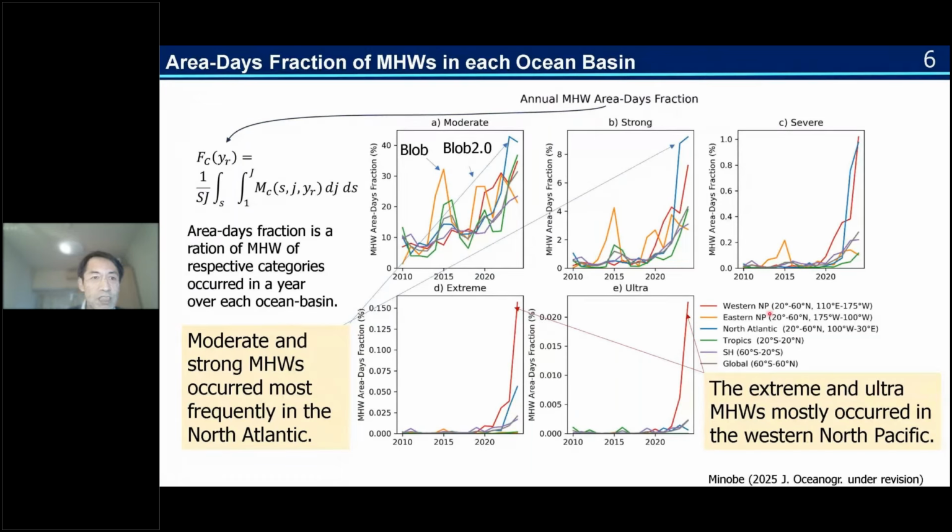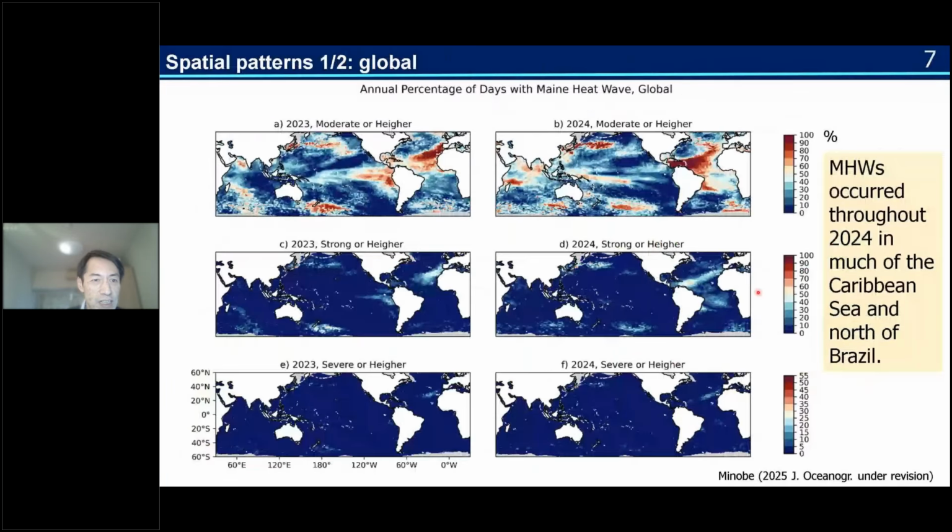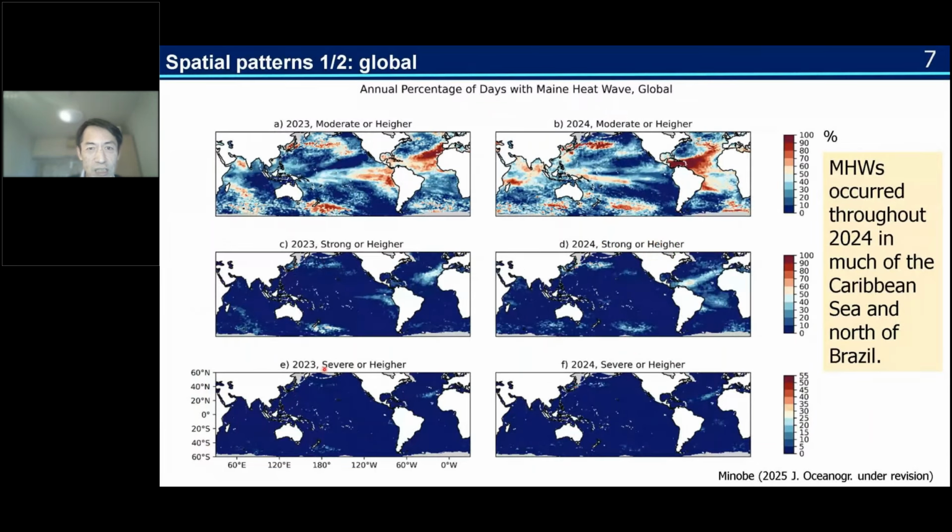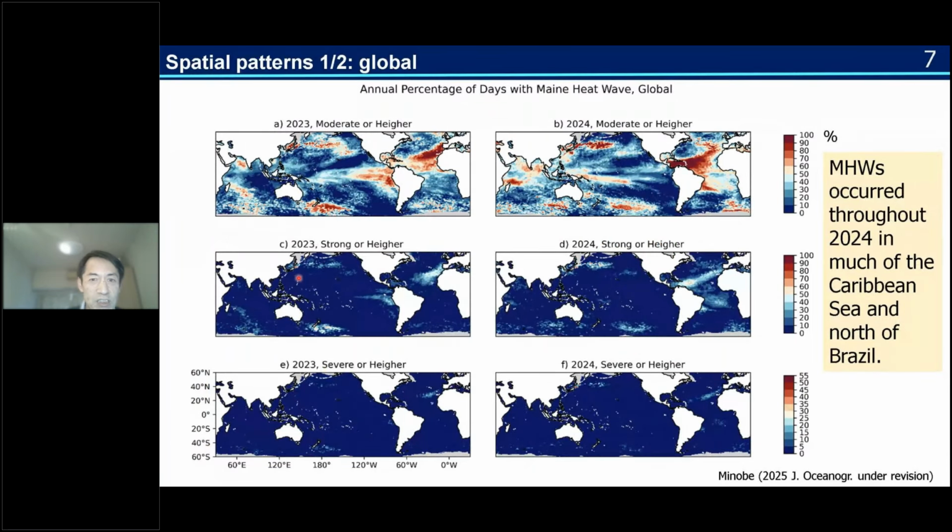This is the distribution of the global marine heat wave, moderate or higher, strong or higher, and severe or higher, in 2023 and 2024. Consistent with the previous time series, the North Atlantic is very outstanding for moderate marine heat waves. In the last year, in most of the Caribbean Sea and north of Brazil, marine heat waves occurred almost every day.